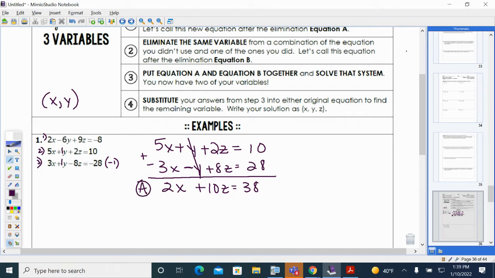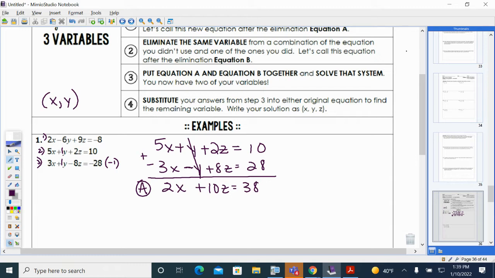Okay? Now in step 2, it says to eliminate the same variable. So because I eliminated the y's in my first step, I have to continue with eliminating the y's, and I'm going to pick 2 different equations. So I'm going to pick equation number 1 and equation number 2. You could easily pick equation number 1 and equation number 3. That doesn't matter.